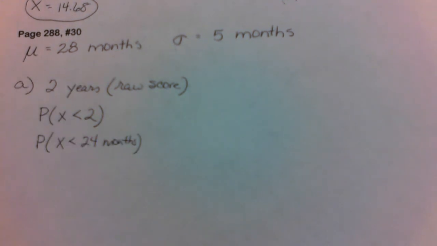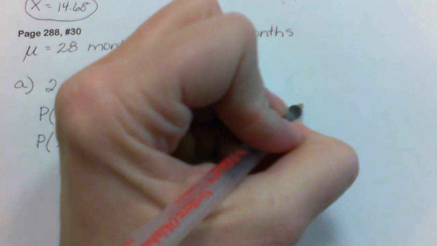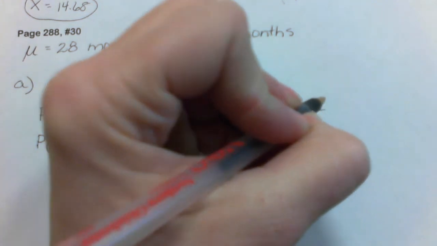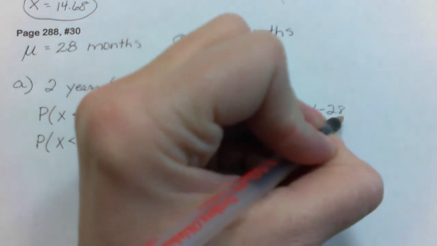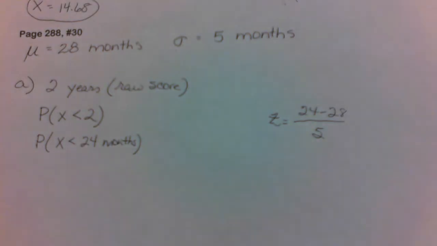So the first thing I'm going to do is find its z value, which will be x, 24 months, minus mu, 28 months, divided by sigma, 5 months. So I'm going to do that. X minus mu divided by sigma, and we get negative 0.80.